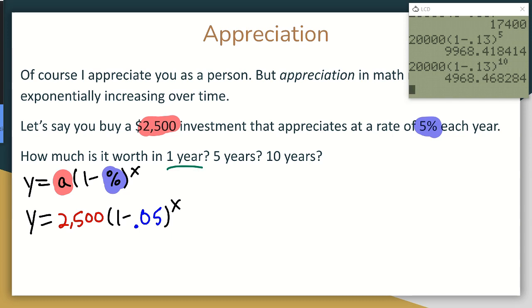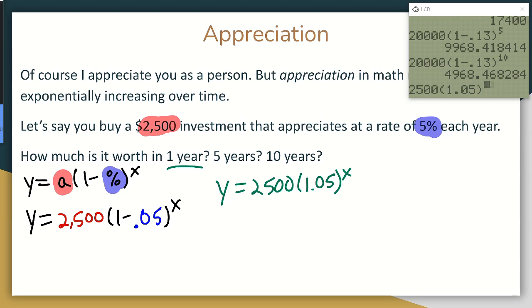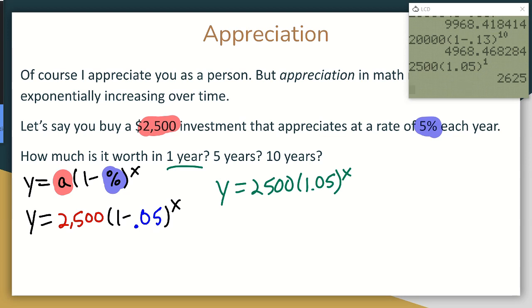Now for 1 year, it's going to be y is equal to 2,500 times, and I'm just going to say 1.05. Notice that now our b value is greater than 1, which means we have an exponential increase. So with our initial investment of $2,500 at a rate of 5%, after 1 year, it'll be $2,625.